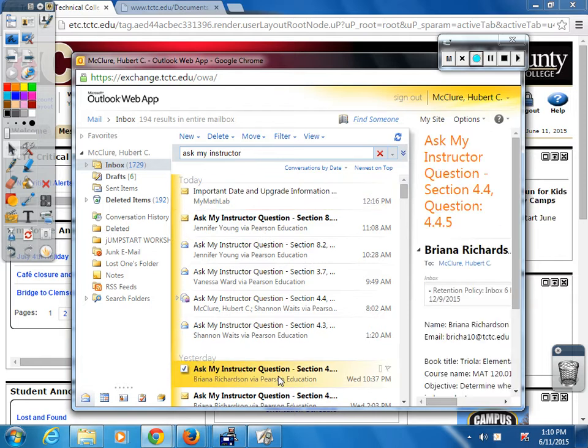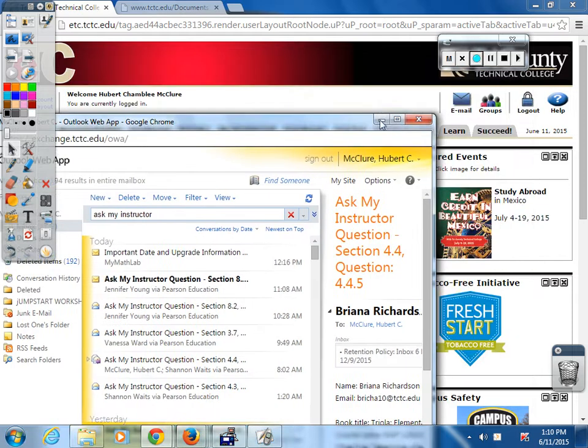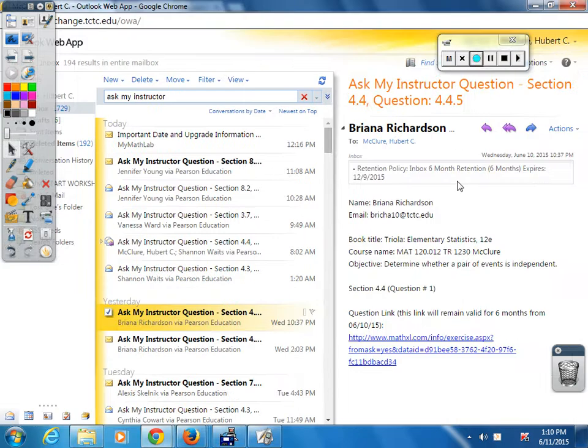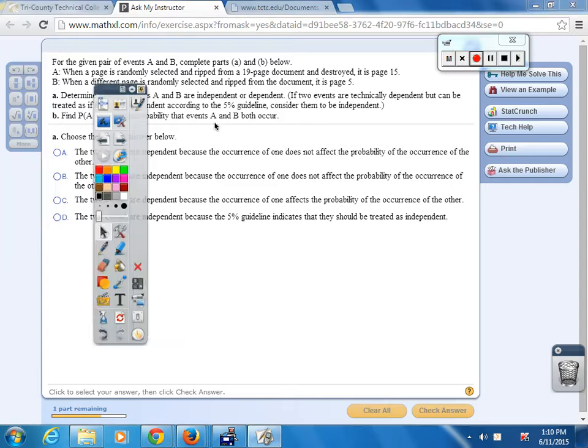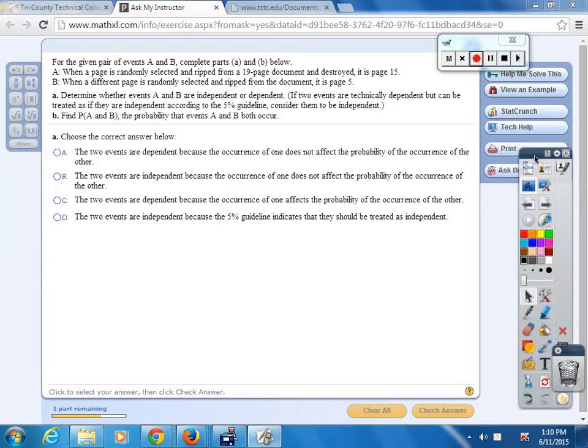Got one right here. This is 4.4, 4.4 5/1. For the given pair of events A and B, complete parts A and B below. When a page is randomly selected and ripped from a 19-page document and destroyed, it is page 15.